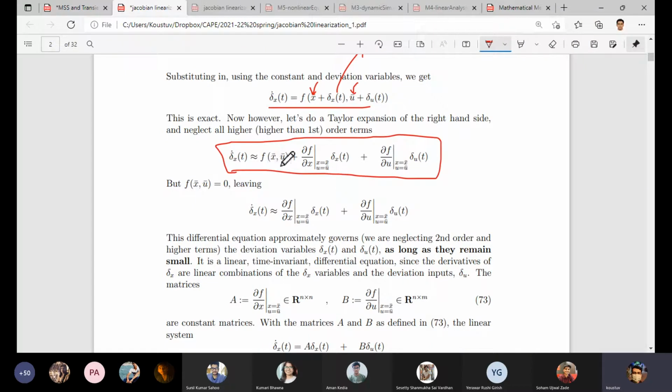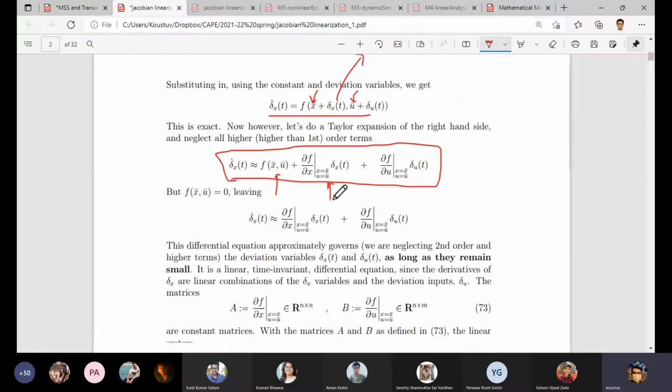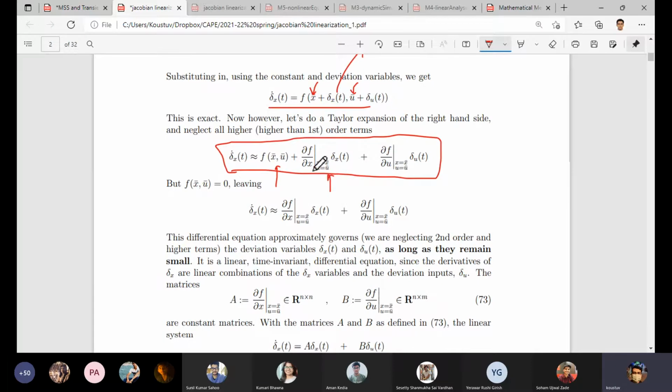What we find is the function value at that equilibrium point, and the first derivatives of the function with respect to the two variables, x and u, at that steady point.